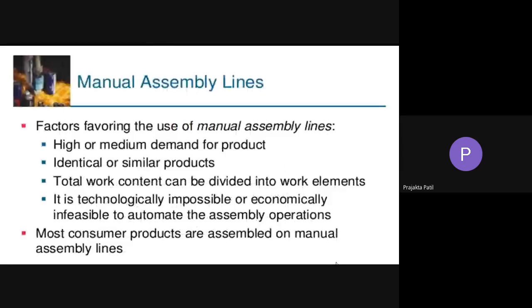So basically, most manufactured consumer products that we see, or the products that we are using, are almost all assembled products. Each product consists of multiple components, which are joined by various assembly processes. These kinds of products are usually made on an assembly line.